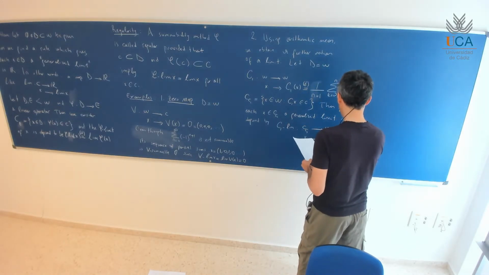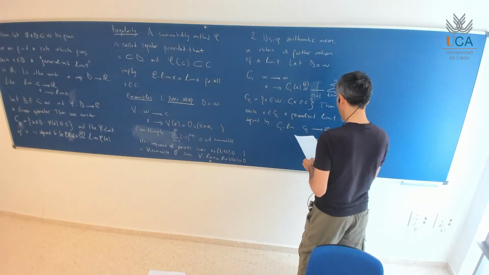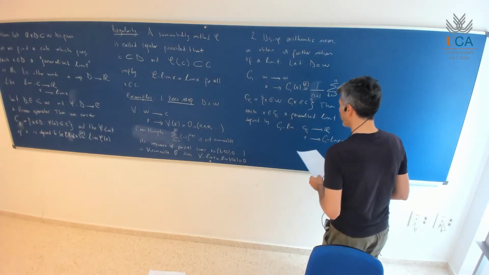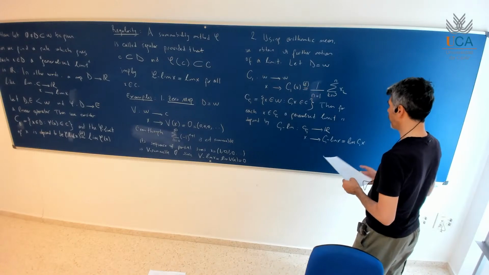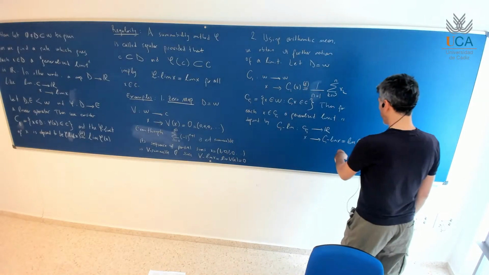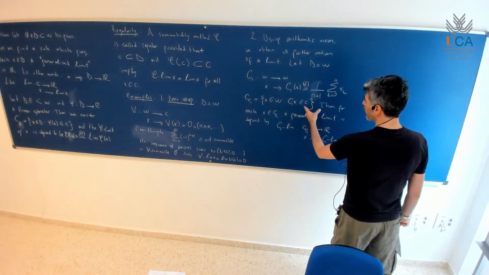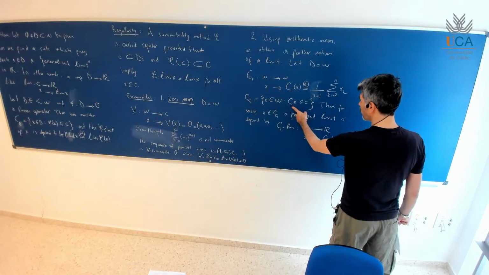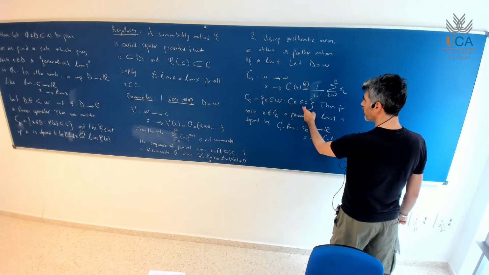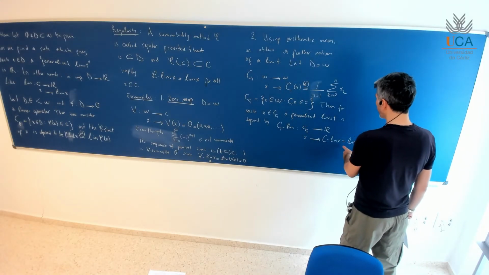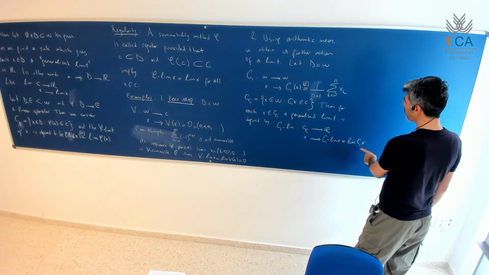C1-limit of x is defined to be the limit of C1x. So this is well defined because we make sure that x goes into convergent sequences under C1. So C1x has a limit in the usual, ordinary sense. So the C1-limit of x can be defined as the limit of C1x.